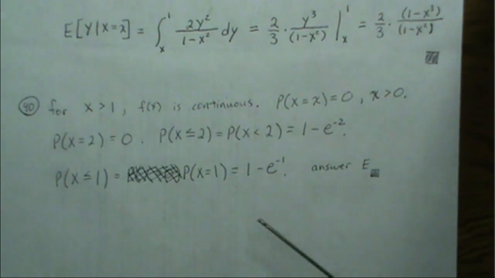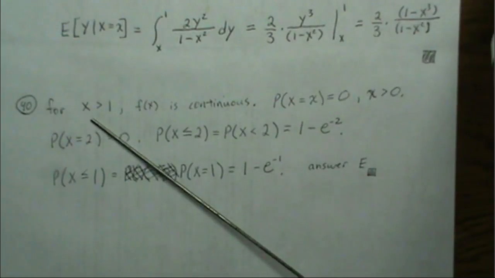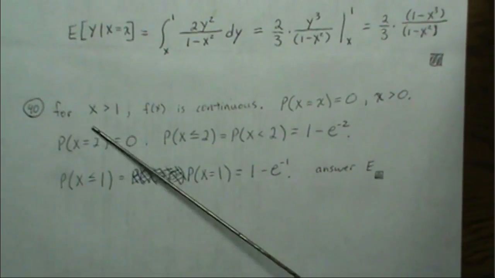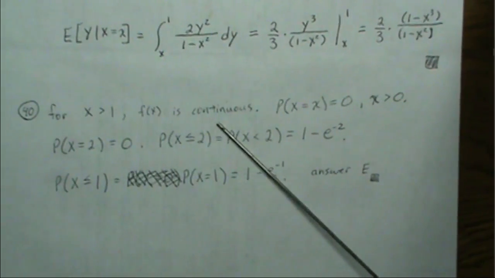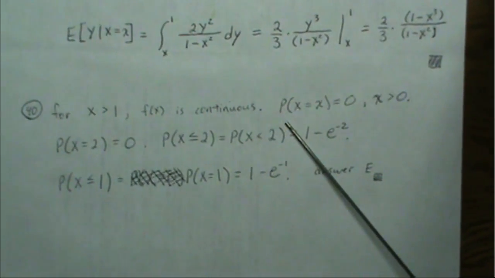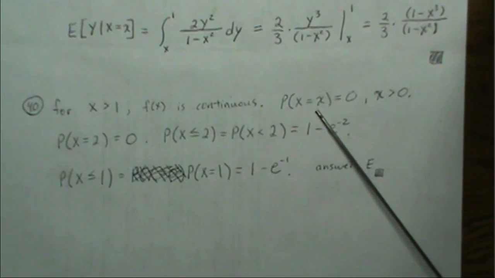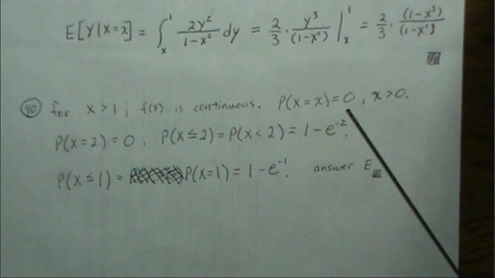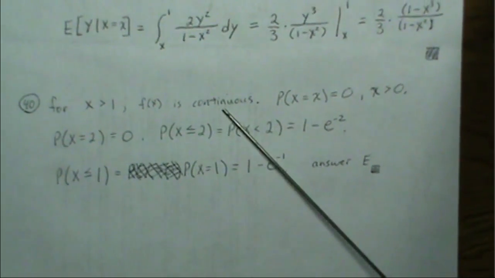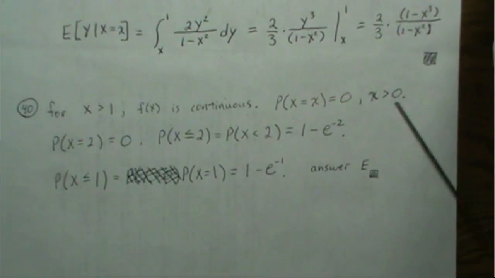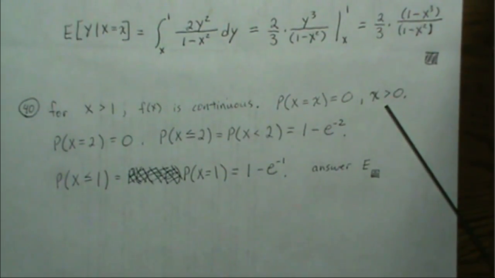this is interesting. Note that when x is strictly greater than 1, not 1, strictly greater, f is a continuous function, which means that the probability that x is equal to any point is 0 because it's continuous for x. That should be x greater than 1.